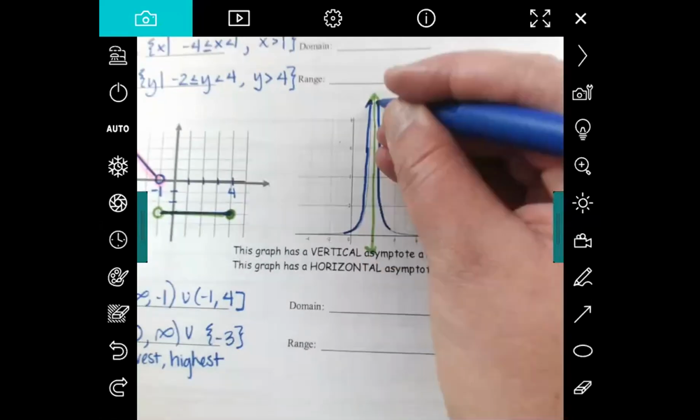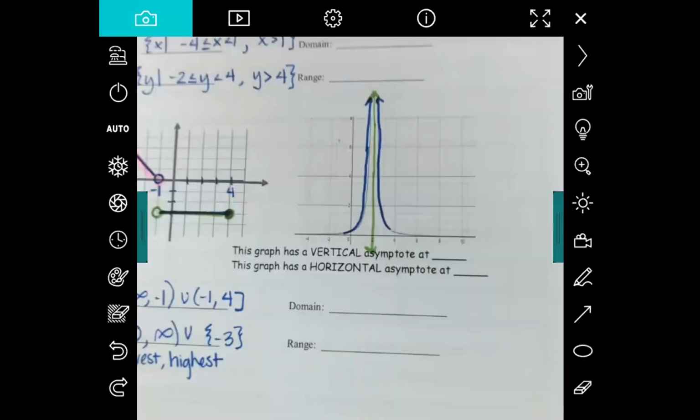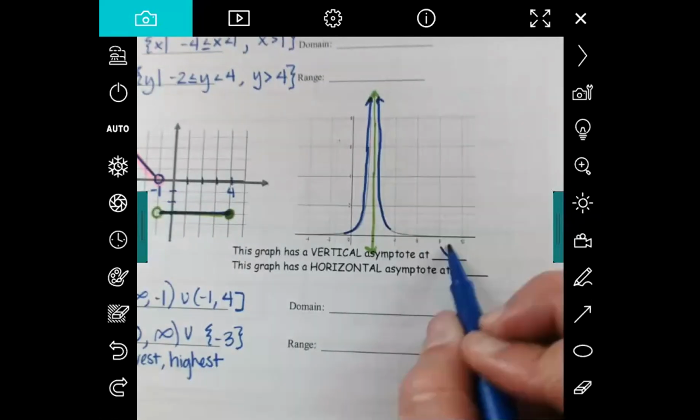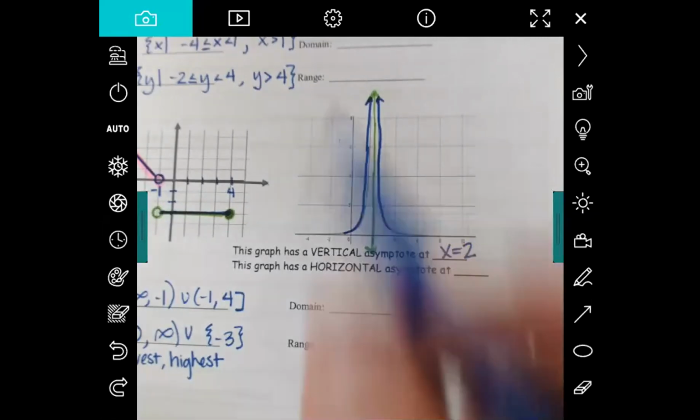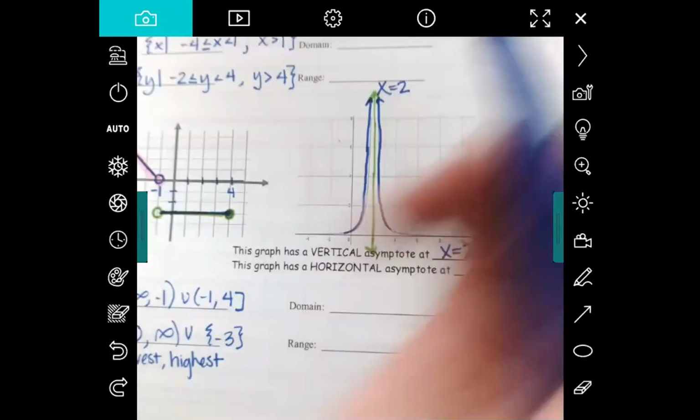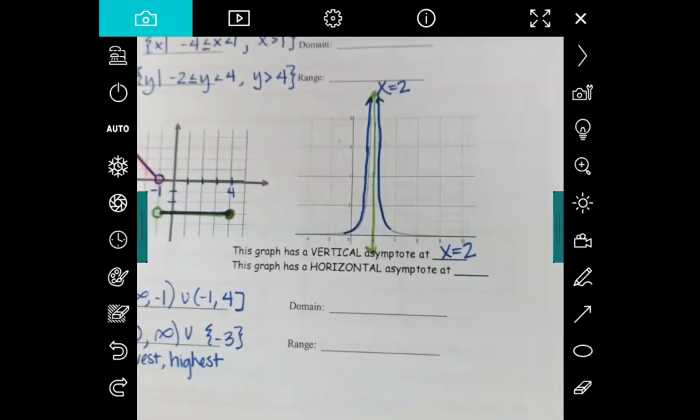Same thing on this side. So you would say that that has a vertical asymptote at x equals 2. Okay, and then I don't know if you remember if your teacher did like Hoy-Vux. Vux is for a vertical line, has an undefined slope because it's straight up and down, and it's an x equals equation. Okay, so this is x equals 2. I can never touch that line. Got it?